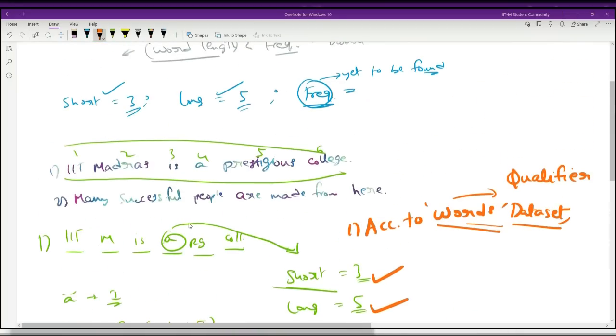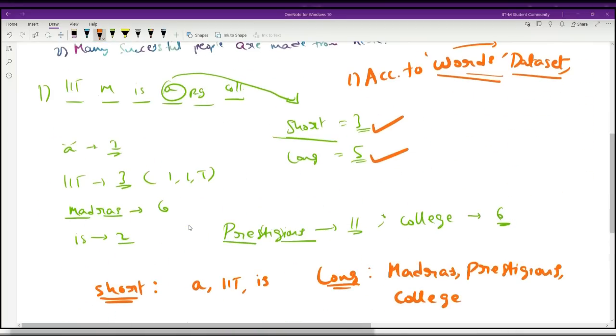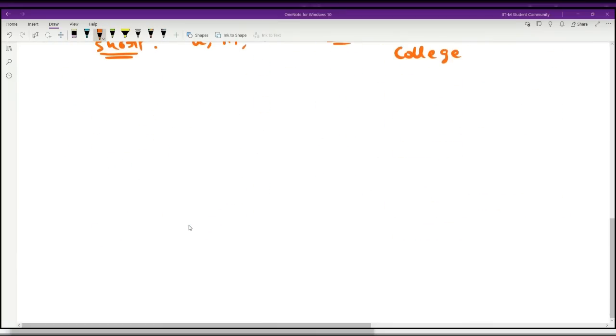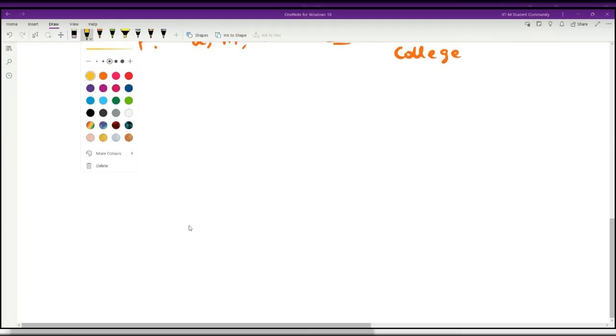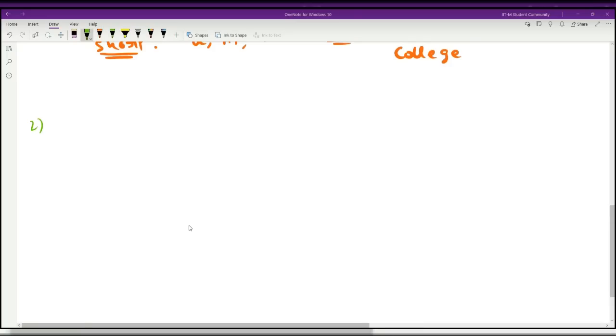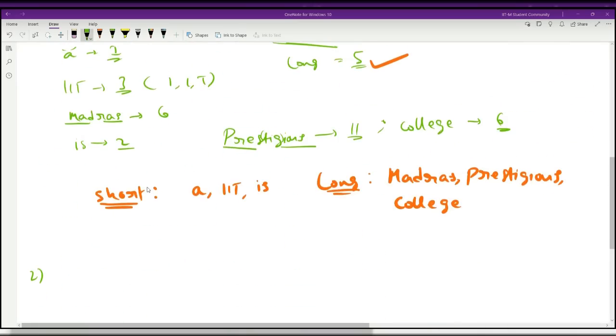And now the first sentence is completed. We completed our first sentence, and the second sentence. What is the second sentence here? Oh, I think green is already there.